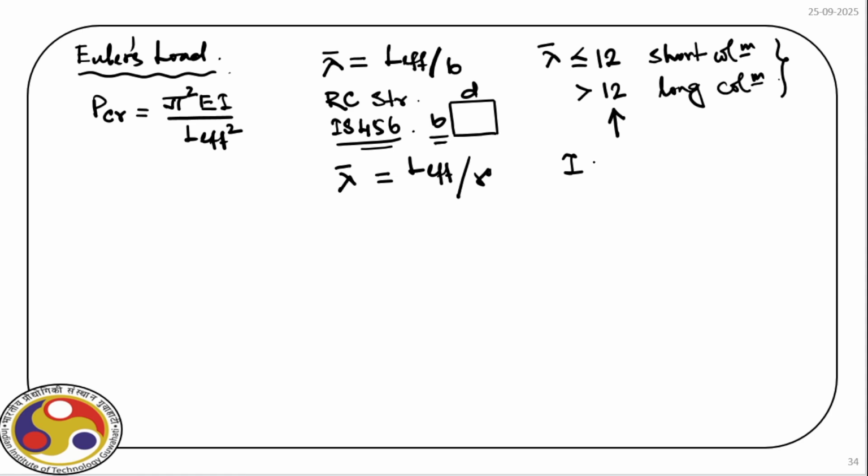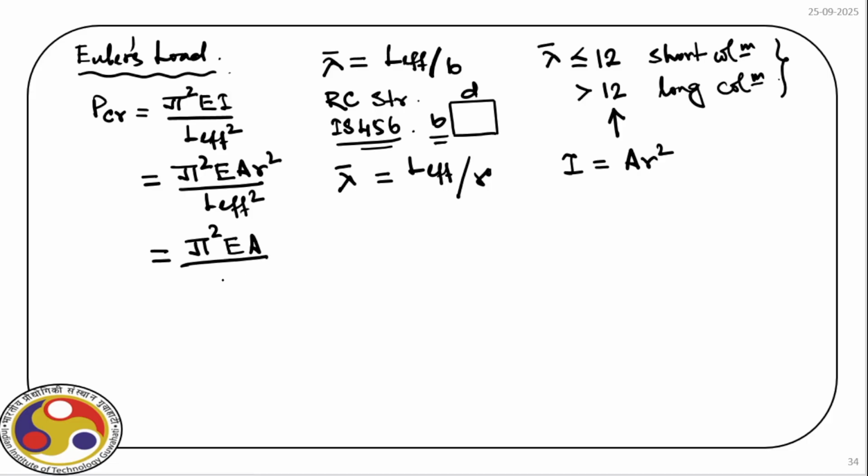So I, moment of inertia, is A times R square. So this expression we can further modify pi square E A times R square divided by L effective square, and then we ultimately get pi square EA divided by lambda bar square.